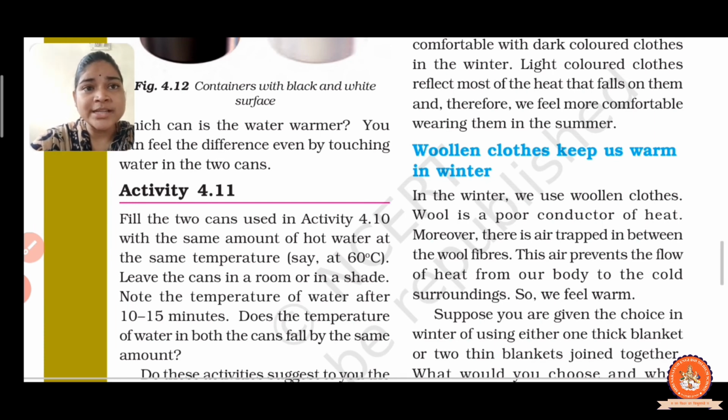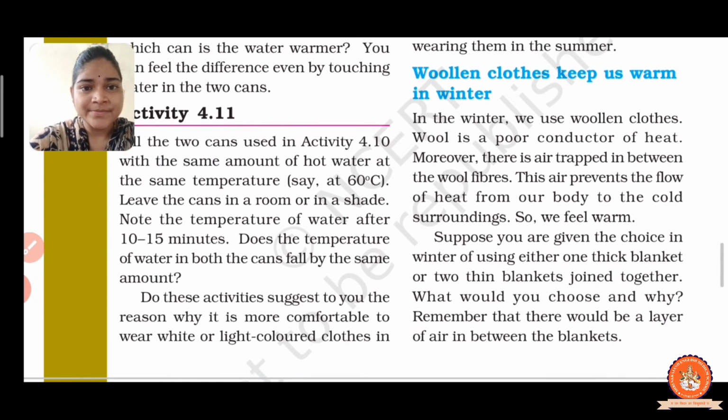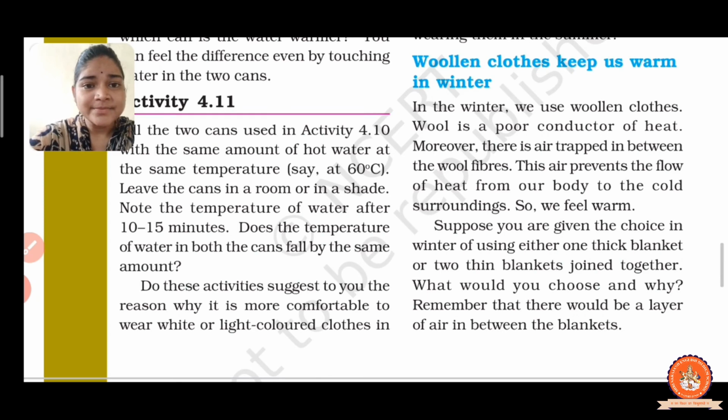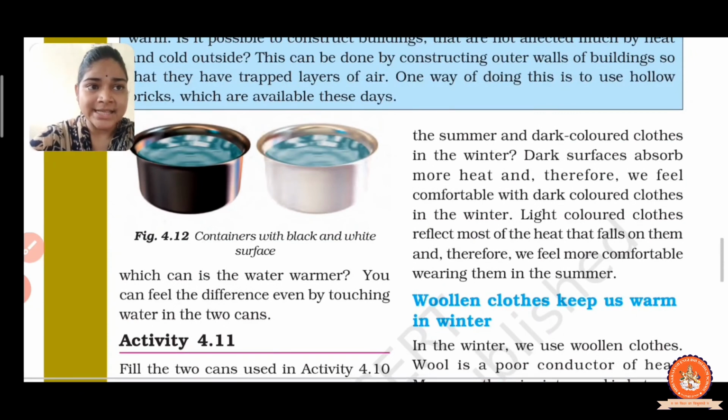Why? Because a dark color object loses heat more rapidly than a light color object. Again I repeat, a dark color object loses heat more rapidly than a light color object, right? So here one reason is given why it is more comfortable to wear white or light colored clothes in summer and dark color clothes in winter.